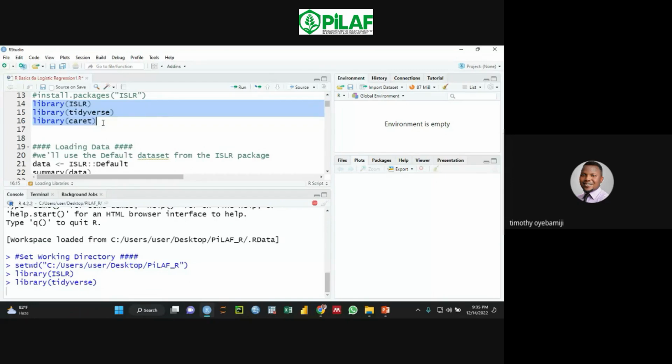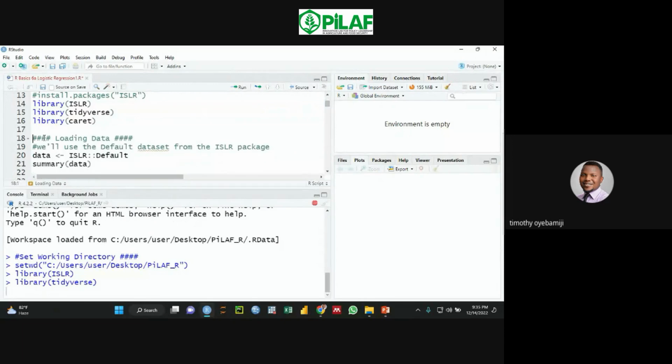It has the data we are using, and we'll be bringing out the data from there. While caret is a machine learning library, very, very good. It is very, very vast. If you are doing anything that has to do with machine learning, just install caret and tidyverse. You should be good to go, except for 1 or 2 improvements you might want to add to them. So caret is a very important library you should have, and you should load most times when you are doing your work.